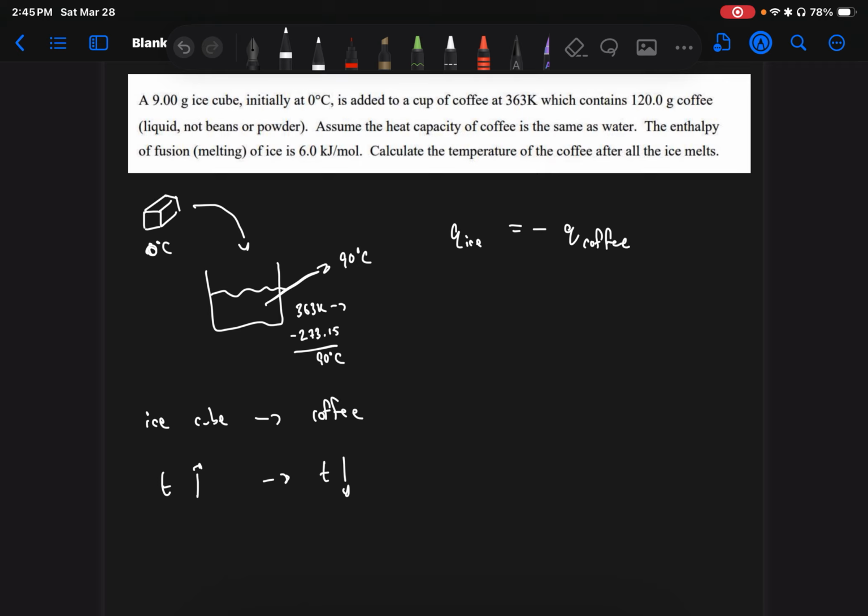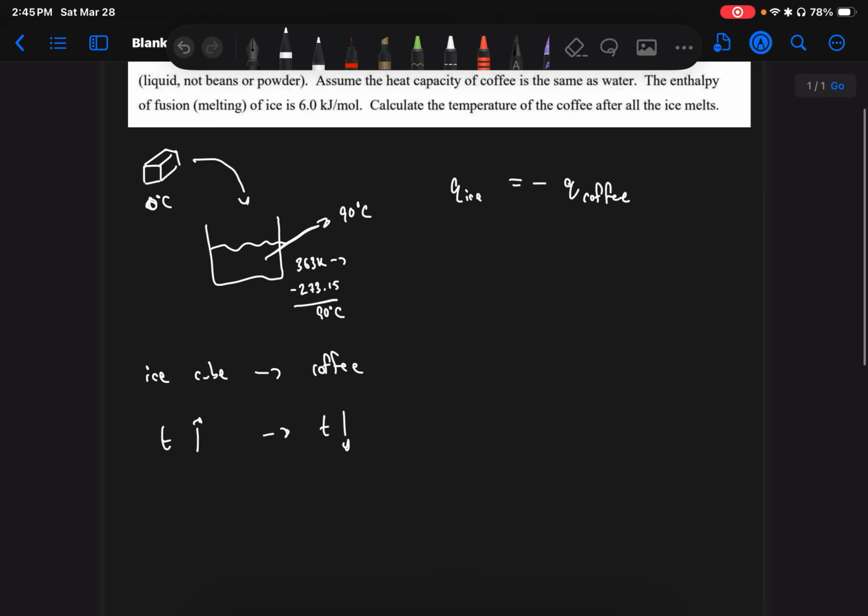Now, because these are both going to have the same final temperature, we just got to sub these together and find it out. So Q for ice to water, we're going to have to go to the enthalpy of fusion.